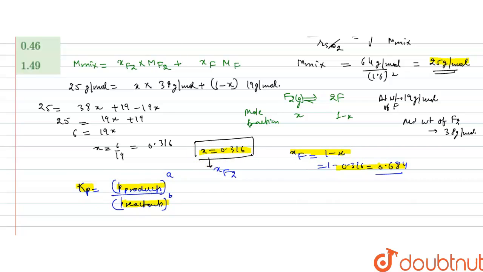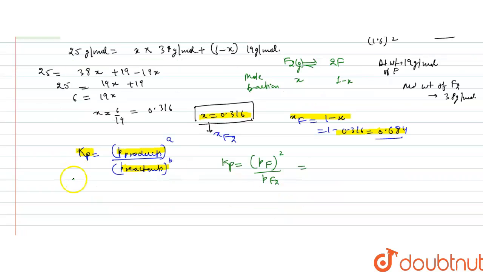If we write Kp for this reaction, it would be the partial pressure of the fluorine atom raised to the power of its stoichiometric coefficient, divided by the partial pressure of the fluorine molecule. Partial pressure is calculated as the mole fraction into the total pressure.